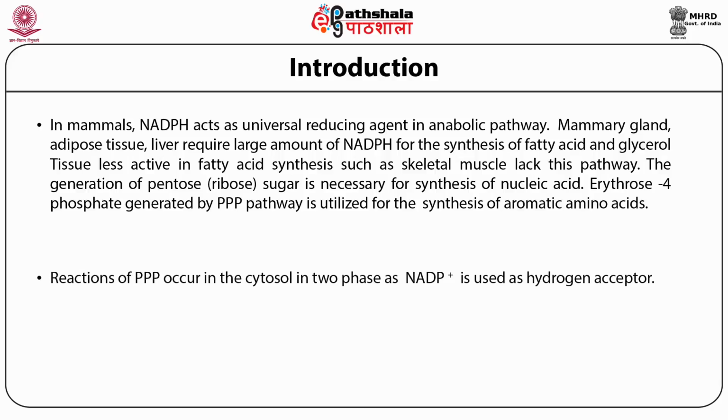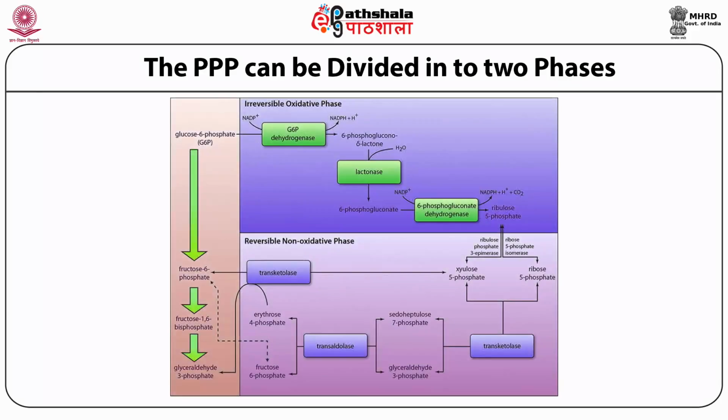Reactions of the pentose phosphate pathway occur in the cytosol in two phases, as NADP plus is used as the hydrogen acceptor. The pentose phosphate pathway can be divided into two phases. Phase 1 is called the irreversible oxidative phase, and phase 2 is the reversible non-oxidative phase.